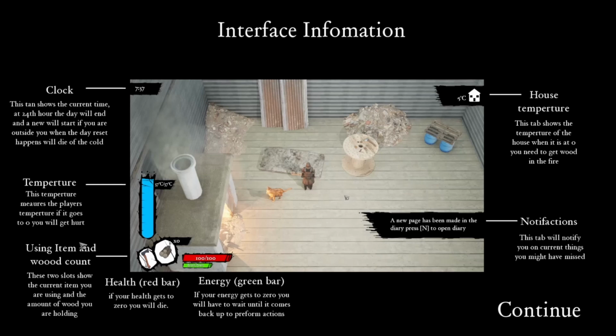The home temperature lets you know if the fire's still on in your house, so when you come back you can get wood before you go into the house, and the notification tab essentially gives you information that you might have missed or might want to know now.